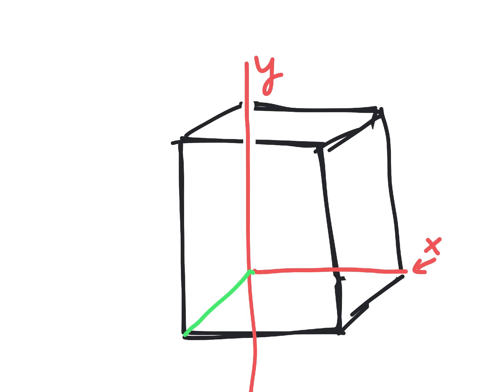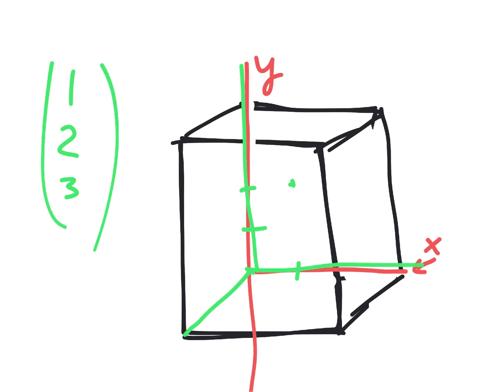That way a point like 1, 2, 3, you'd go over 1, you go up 2, and then you'd come out 3 towards yourself. And again, it's really hard to envision where that point is in 3D space. Okay. This is where it is in 2D space if this is the y-axis and this is the x-axis, but then it has to come towards you for its last 3. Also known as i, or 1i, plus 2j, plus 3k.